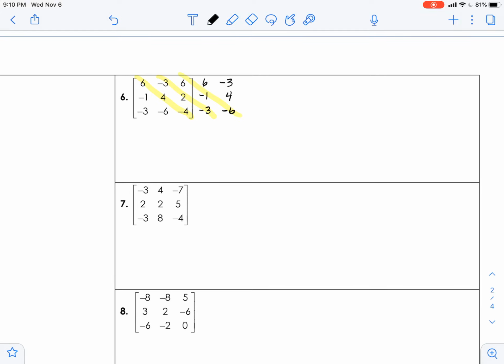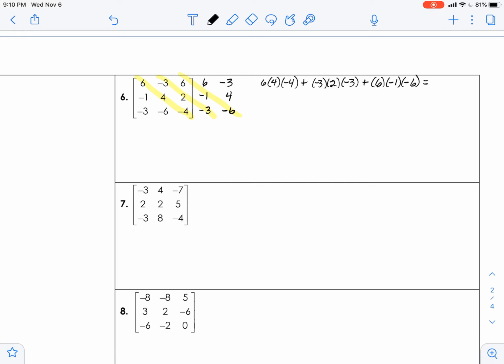Okay, so I've got 6, 4, and do write this out. I know you're going to have that tendency to want to skip this, but guys, if you skip this and you don't get the right answer, I cannot give you any partial credit. But if you give me this correctly, you're most likely not going to miss many points.